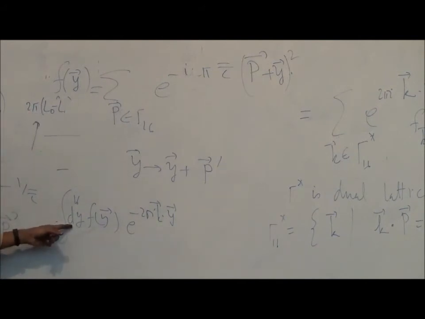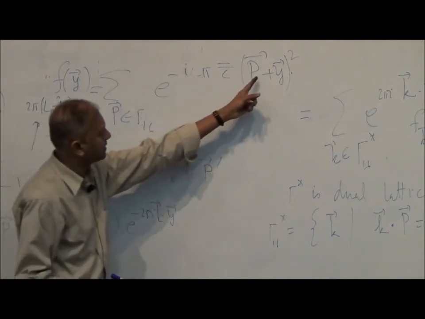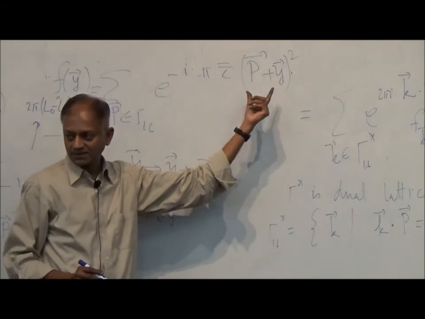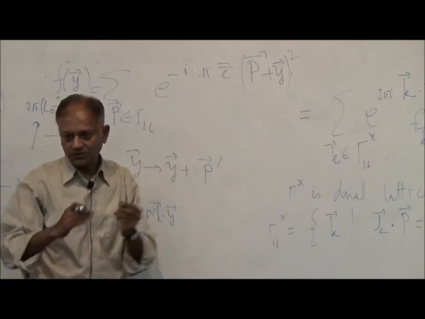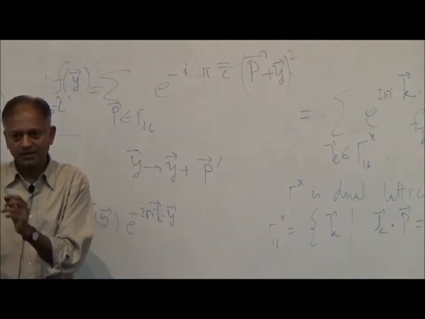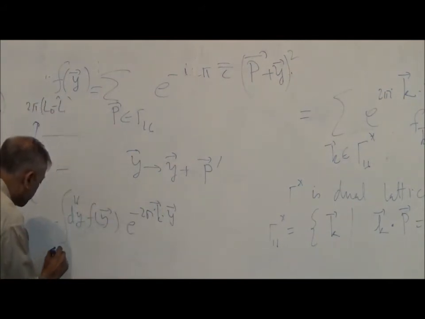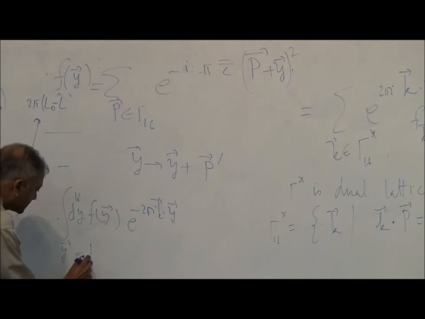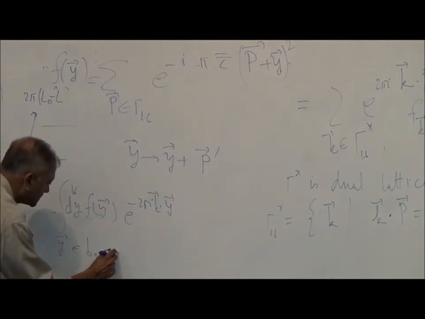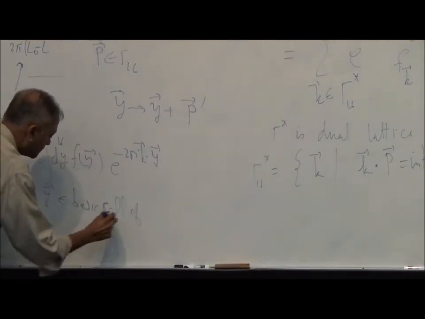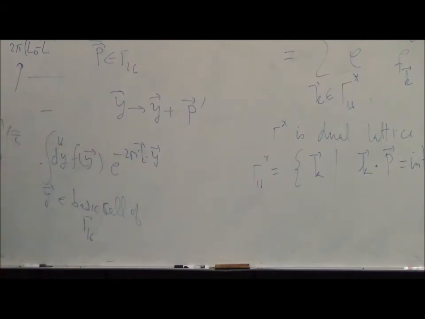But y should be in the basic cell of this lattice, right? Because if I shift y by a lattice vector, it's the same value. You'll get infinity otherwise. So y is in the basic cell of gamma 16.